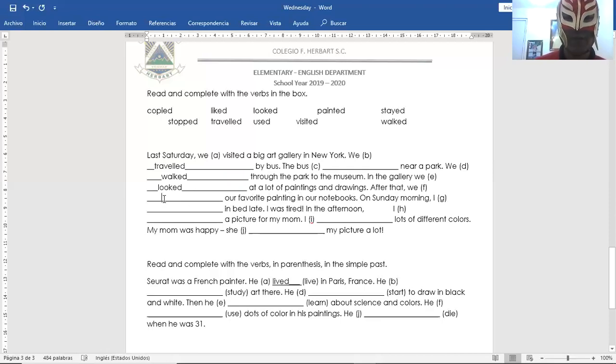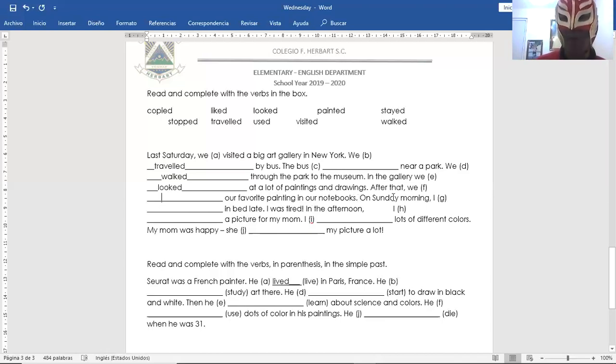What do you think is this one? We copied or painted? We have two possible options, okay? So if you are not sure, you can continue with the next one and you can come back later.